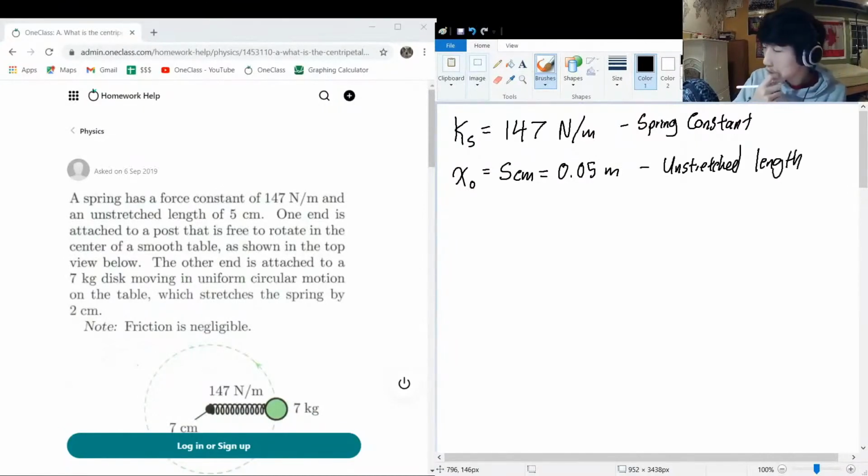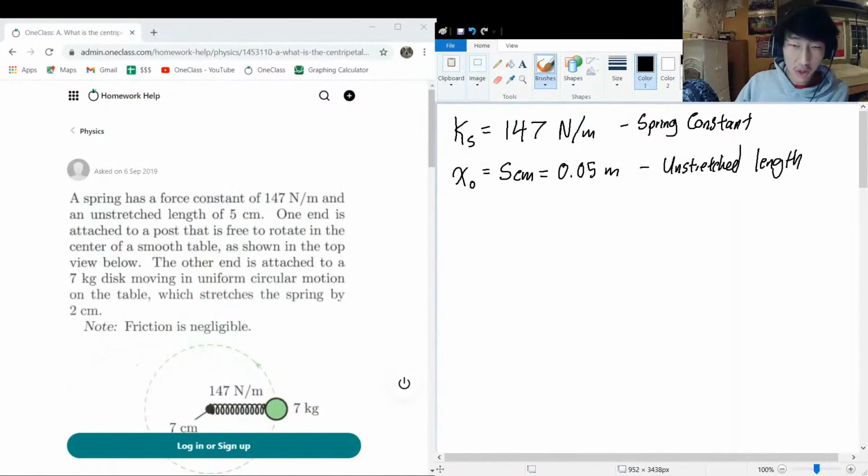Now it's good to convert all of your given numbers into base SI. It will make your calculations a lot easier. Otherwise, you need to deal with the centi and milli prefixes. Those prefixes are uncomfortable to deal with, but you got to do what you got to do. So this is what I would recommend.